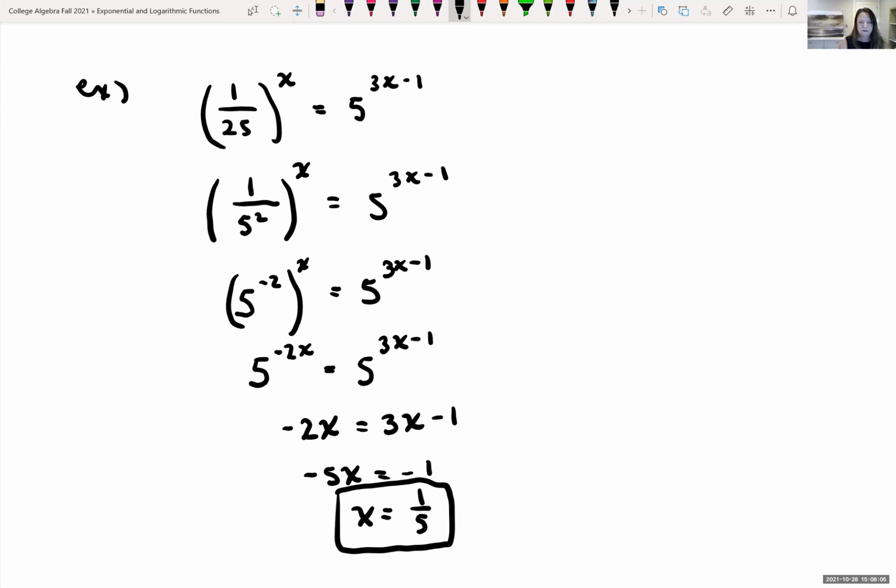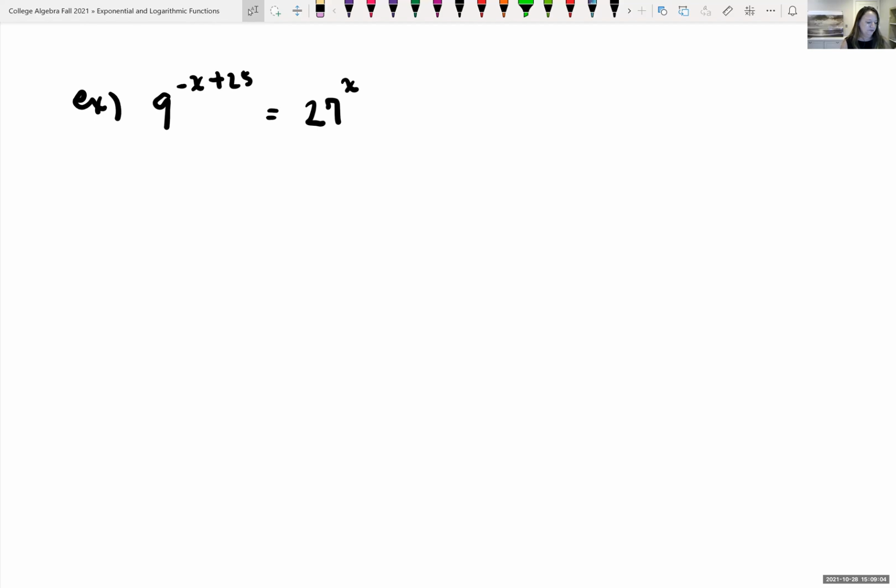Let me pull another one. So this next example, we have 9 raised to the negative x plus 25 power, which is equal to 27 to the x. So again, we want to manipulate these bases to be the same. I cannot manipulate base 27 to be base 9, and I can't manipulate 9 to be base 27.